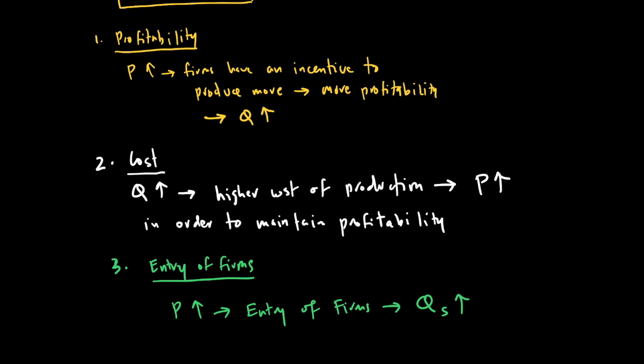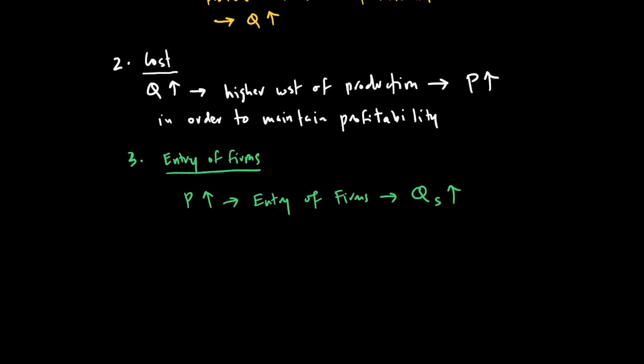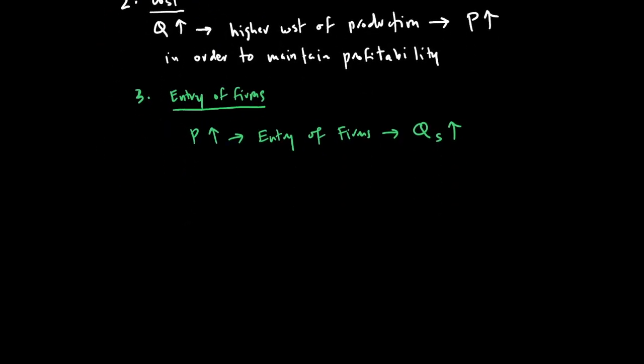Let's talk about the other determinants of supply. So far we've been discussing what we call the price factor. We know this, that when you look at supply, the price factor would be causing a movement along the supply curve.